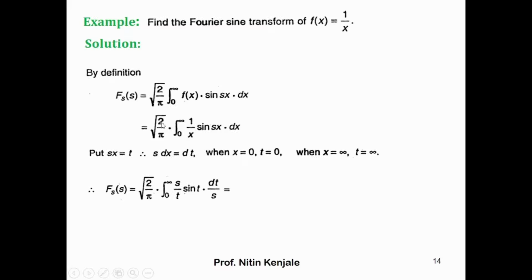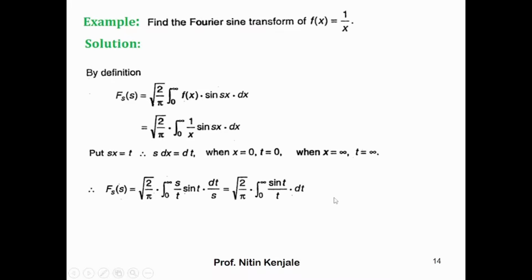This root 2 by pi will remain as it is. This 1 by x will become s by t, whereas sin sx will become sin t and dx will become dt by s. This s and this s will get cancelled.